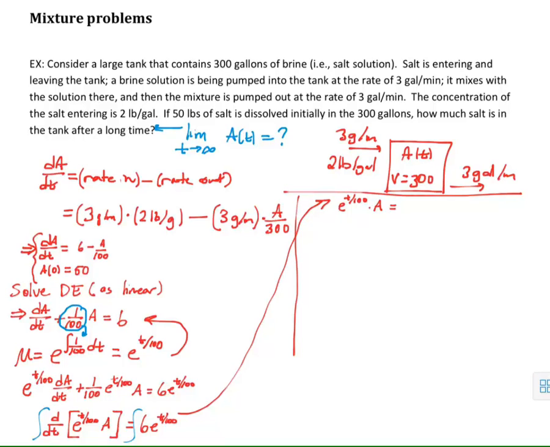Not quite. If I do 6 over 100 e to the t over 100, remember, when I take the derivative of that, I would have to multiply by the derivative of what's inside, which means multiply by 1 over 100. So really, I want the 1 over 100 to cancel with something and leave behind a 6. So 600. You're on the right track. You were just thinking in reverse. So 600 e to the t over 100 plus C.